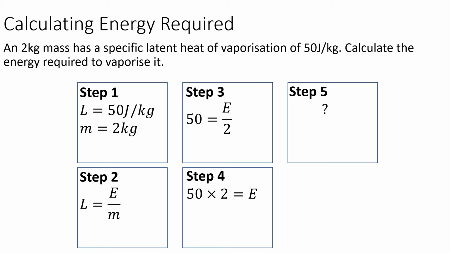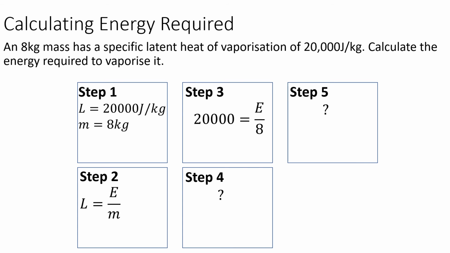Next, a 2 kilogram mass has a specific latent heat of vaporization of 50 joules per kilogram. Calculate the energy required to vaporize it. Copy down steps 1 to 4 and complete step 5 yourselves. An 8 kilogram mass has a specific latent heat of vaporization of 20,000 joules per kilogram.